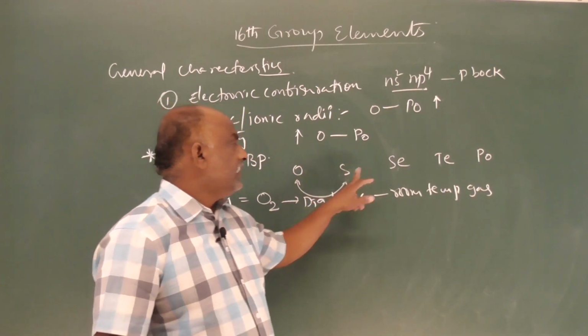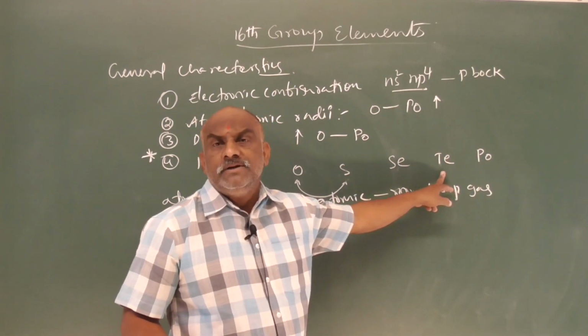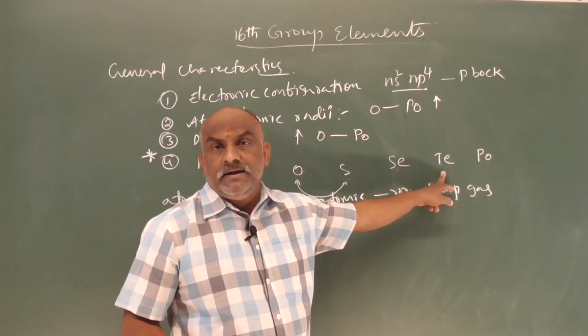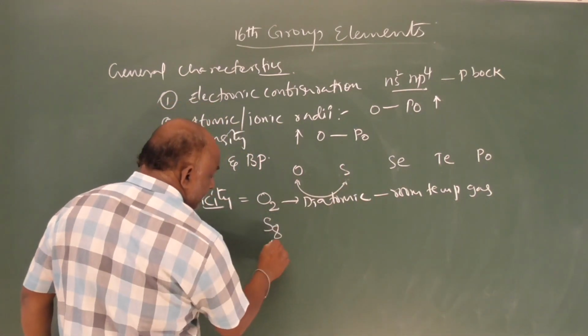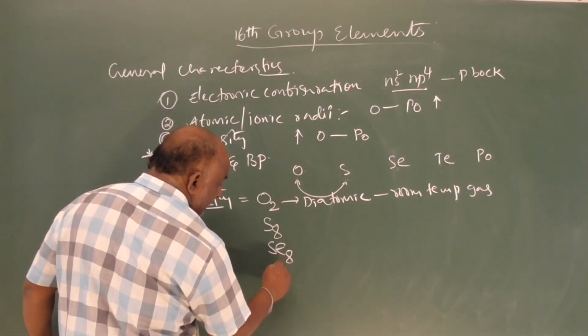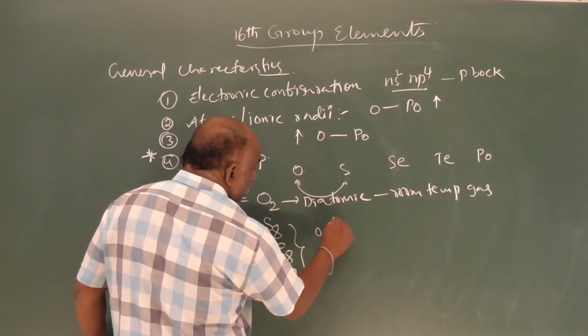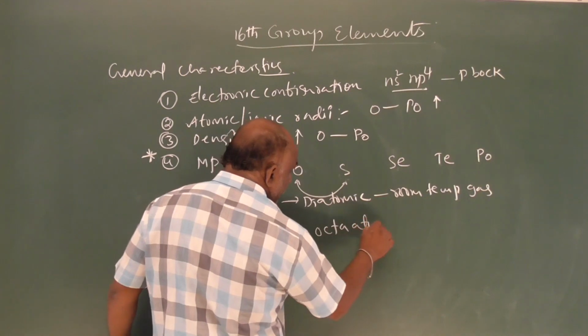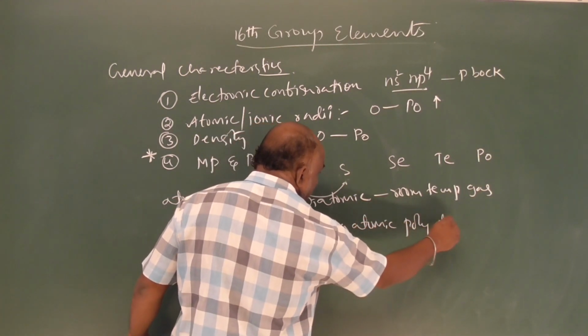While going to sulfur, selenium, tellurium, they are polyatomic. Polyatomic means octaatomic: S8, Se8, Te8. Octaatomic means it is nothing but polyatomic.